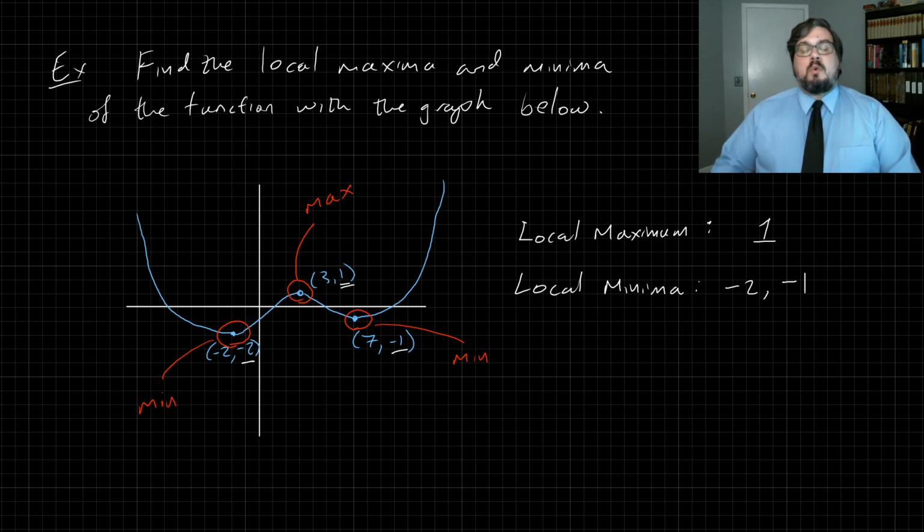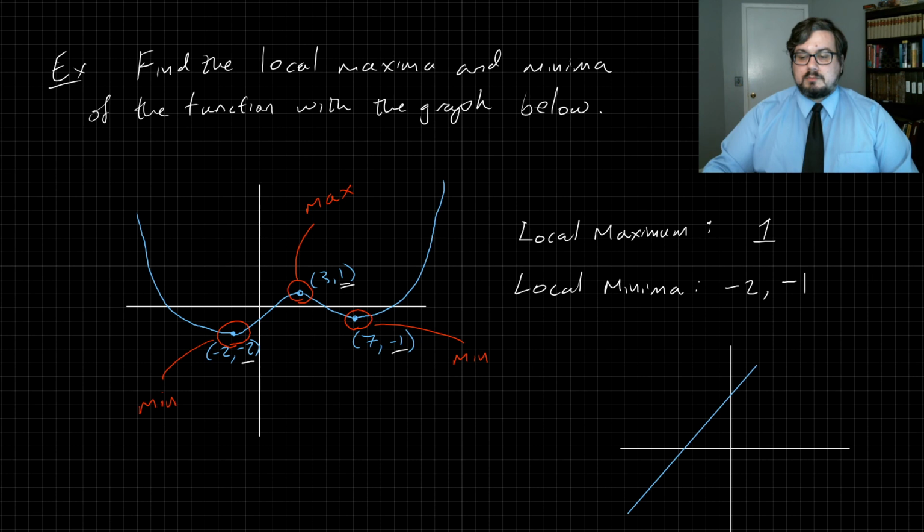It is also quite possible for a graph to have no maxima or minima at all. So, for instance, if we take a typical linear function, this function has no local maxima or minima because it has no hills and no valleys. However, this isn't even restricted to linear functions.